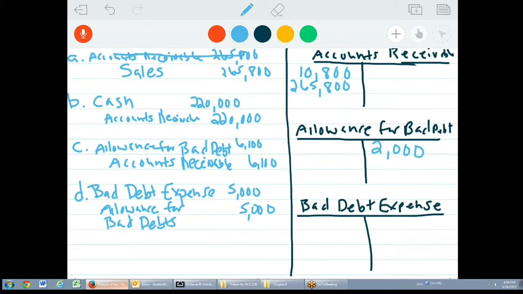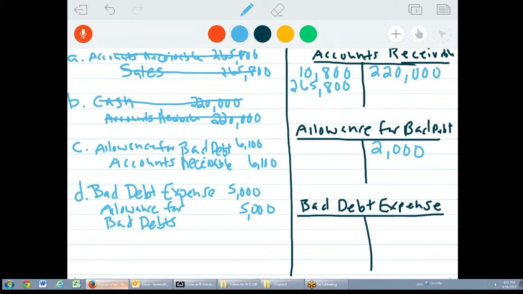We're not looking at the sales account specifically, but you would post it in your ledger also. The next entry, transaction B, you would post in the ledger to the cash account, but that's not our focus for this problem. So assume that one's been posted. The part that we need to post for accounts receivable will be the credit. When we collect from customers, we credit or make accounts receivable go down. So we've posted this one.